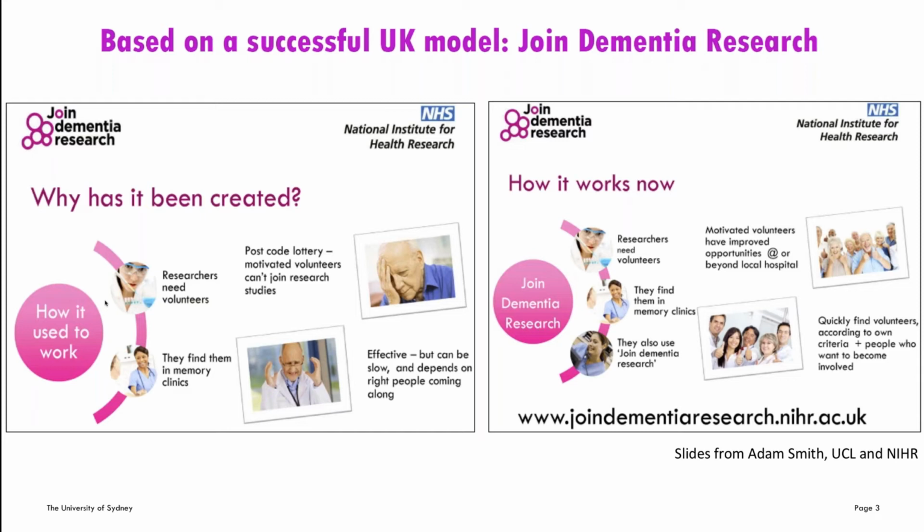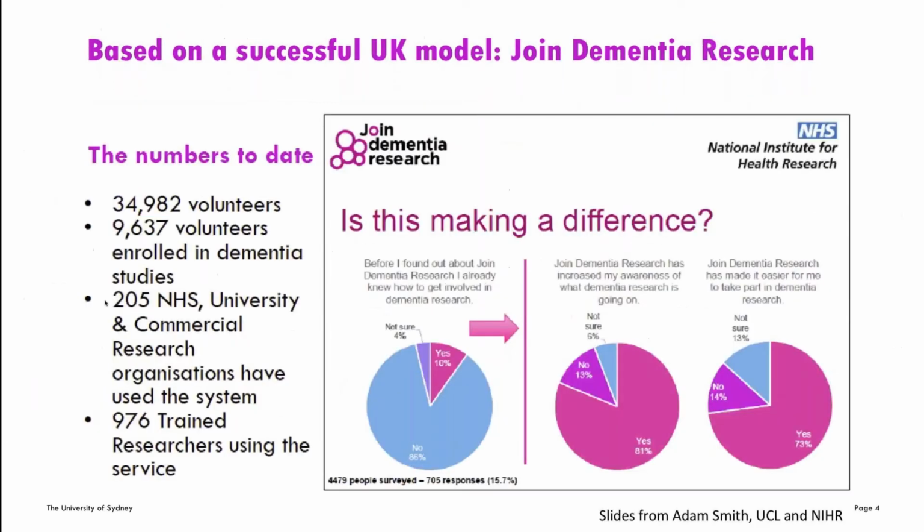Basically, they allow people to put their hand up to say, hey, I'm interested in dementia research. They go online, or use a helpline or poster, to register. Then they do a range of things to motivate the public and inform them about the whole process. And researchers with ethically approved studies then register their study.